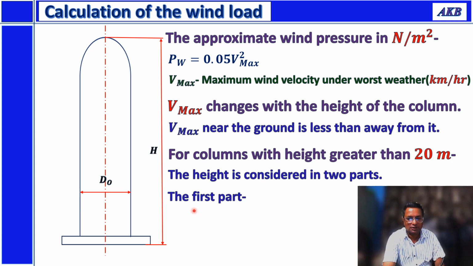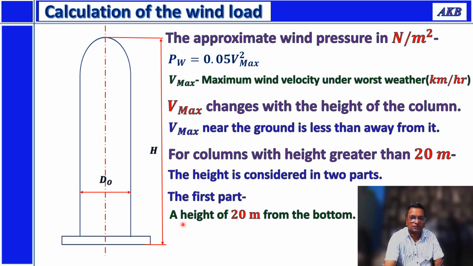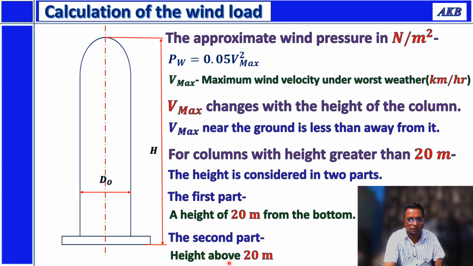Which are these two parts? The first part covers a height of 20 meter from the bottom, whereas the second part covers the height above 20 meter. So in this diagram you can see up to a height of 20 meter, we will be considering the first part.